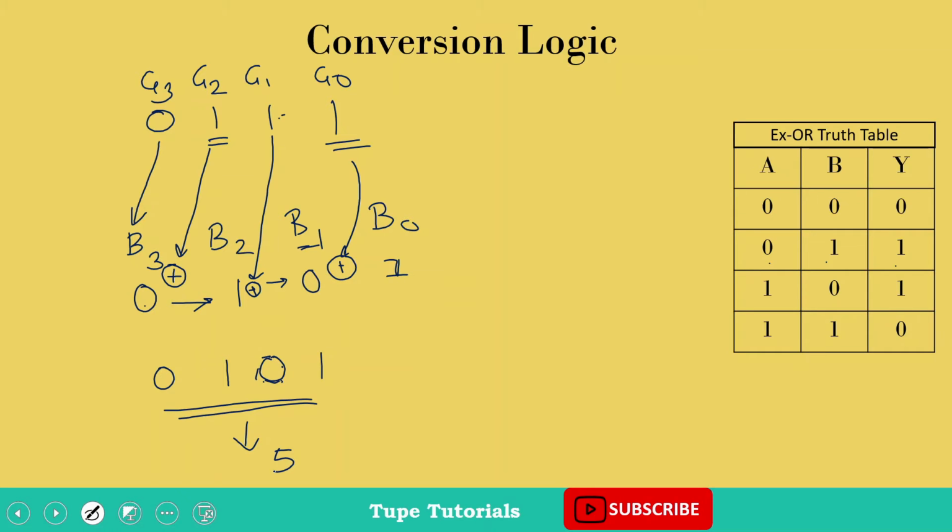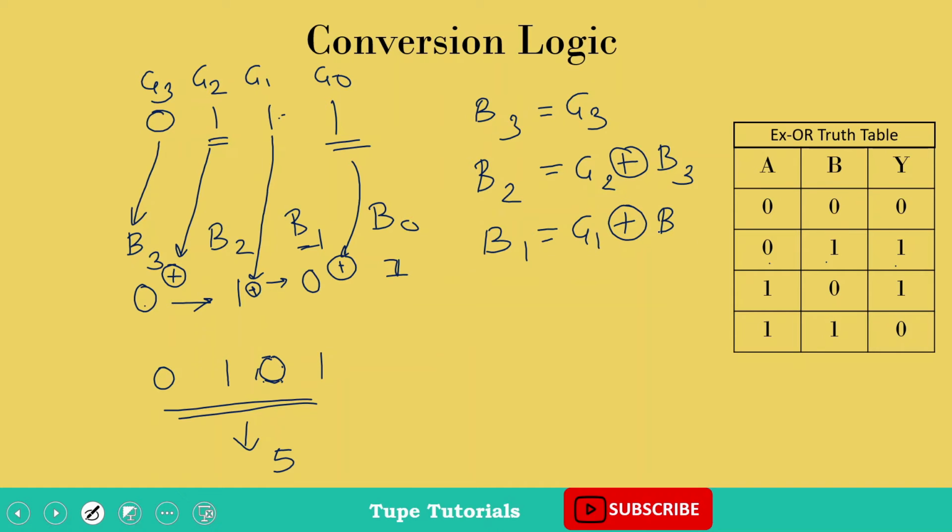So what we understood is that B3 is equal to G3. For B2, we will take the current G2 and the previous binary bit, that is G2 XOR B3. Then for B1, we take G1 XOR previous binary bit, that is B2. And for B0, we take G0 XOR previous binary bit, that is B1.